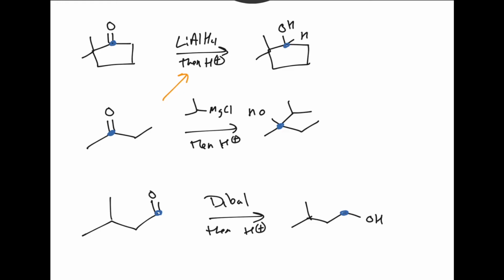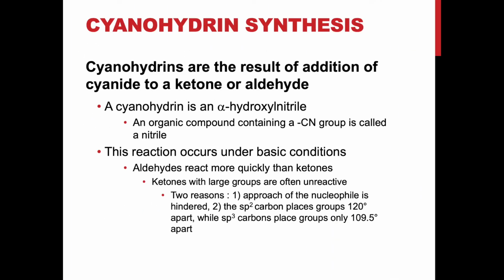The then H plus, for the most part, tells us we're under basic conditions. So there's a couple other reactions that work under basic conditions, and then we're going to move into acidic conditions for reactions. So the first basic condition reaction we're going to do is cyanohydrin synthesis.